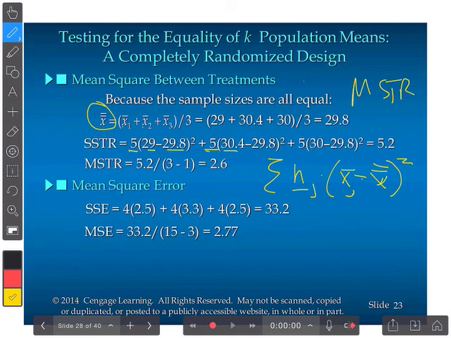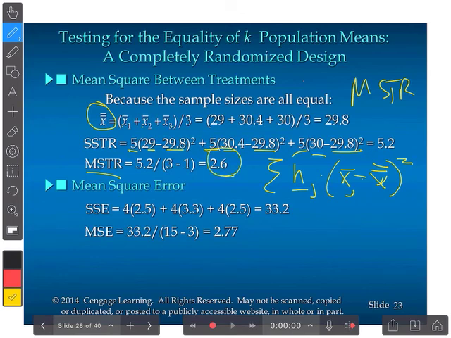Here's the mean for treatment 2, and here's X double bar. Sample size for treatment 3, sample mean for treatment 3, X double bar. So when we do this, we can find MSTR, okay? Which we know is SSTR divided by k minus 1. So here we have it right here, and we now have MSTR.